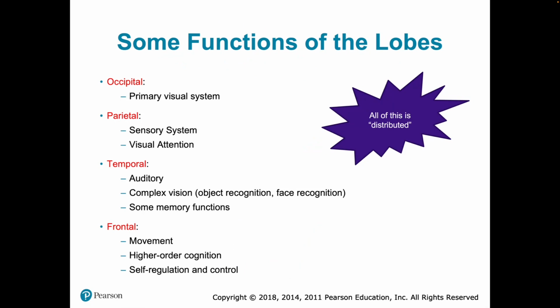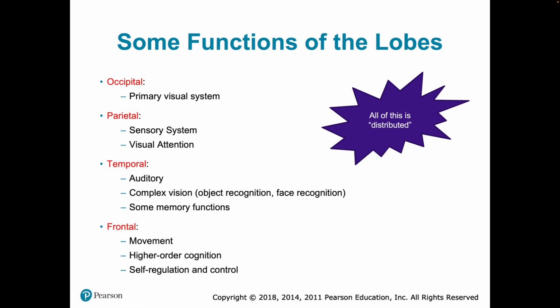So the signals from your eyes are going to get relayed through your sensory relay, which is the thalamus. Some of those signals are going to go down into the midbrain to the superior colliculus to allow you to react very quickly. But most of those signals are going to end up in the occipital lobe, where we are able to consciously perceive the visual signals that come from the world around us.